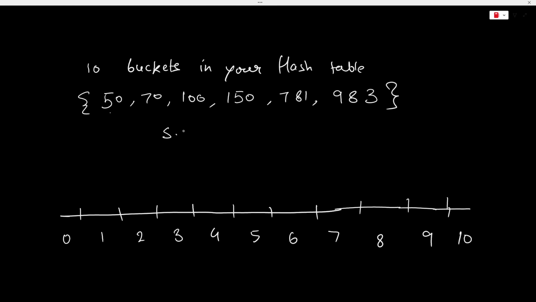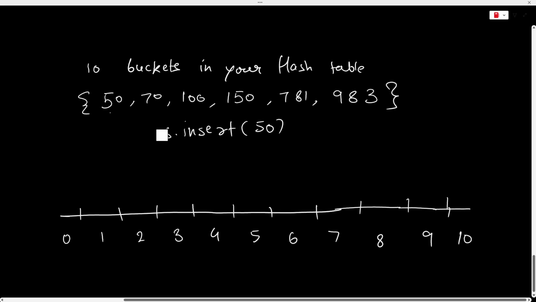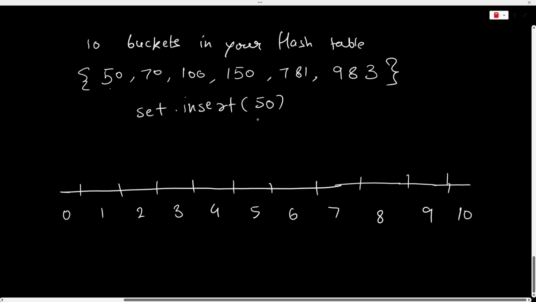Whenever we perform an insert operation on a value, this 50 goes through a hash function.